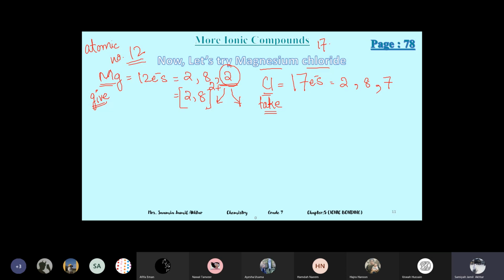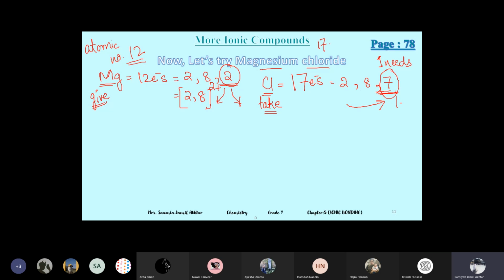Now let's see chlorine. Chlorine has 7 electrons in its outermost shell and it will always take. How many electrons will it take to complete its shell? Chlorine needs 1 electron to complete its third shell.